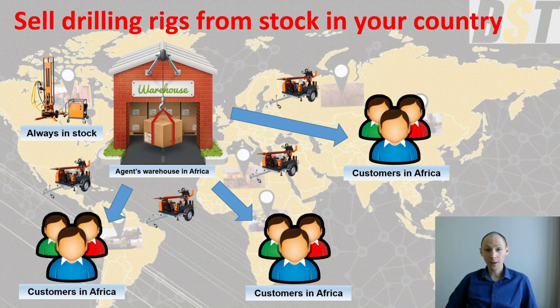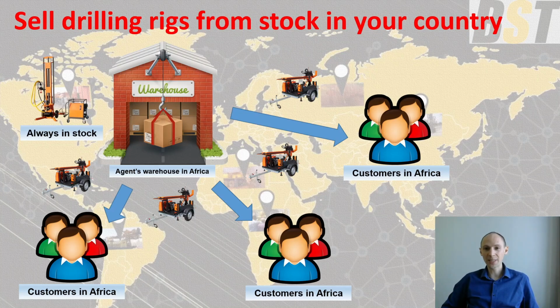And now, dear agent, you have a very good advantage. After completing all of the steps which were described before, now you have the physical drilling rigs locally in your country at your warehouse. So this is, I would say, the ideal solution.